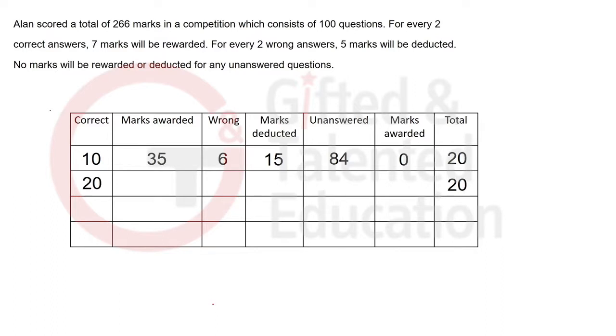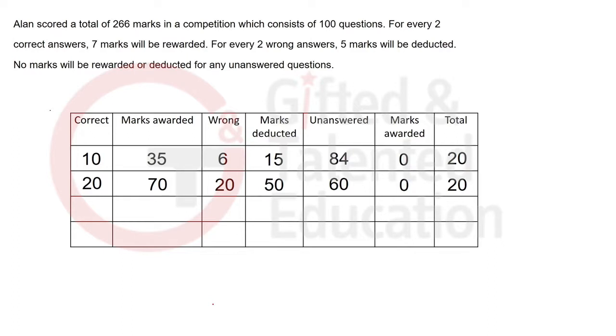Suppose we increase the number of questions answered correctly to 20 while keeping the total score fixed. So with 20 questions answered correctly, the marks awarded would be this. After several trial and error, we notice that in order to keep the score fixed, we need to increase the number of questions answered wrongly to 20, giving us 50 marks deducted, and also decrease the number of unanswered questions to 60.